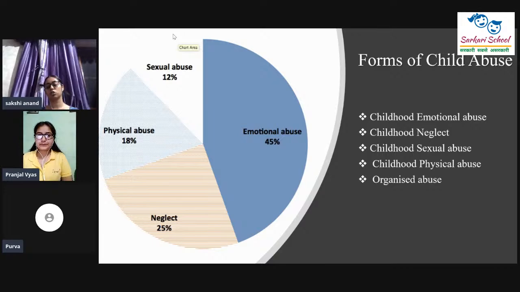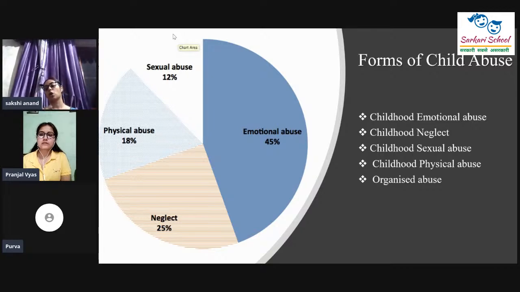First, emotional abuse, which includes bullying, online bullying, emotional blackmail, or not allowing children to express their views and opinions about their experience of these kinds of abuse.